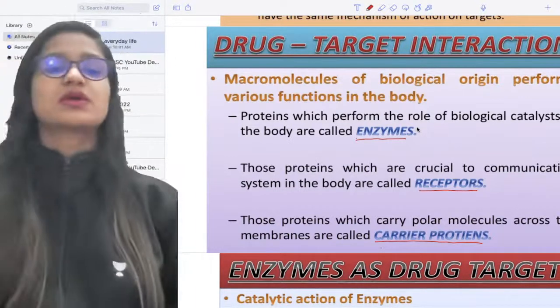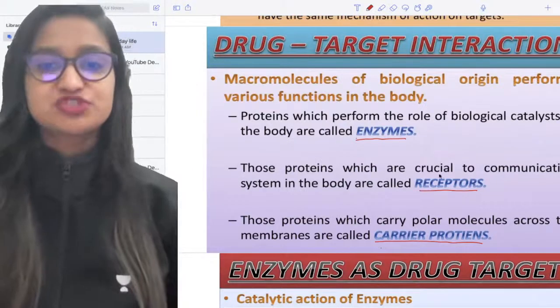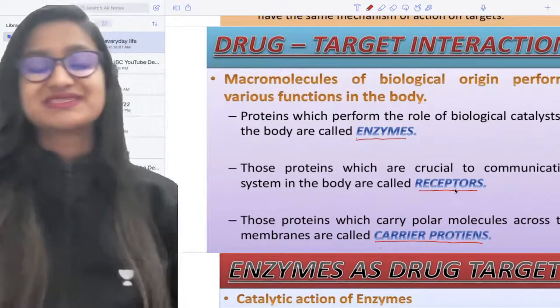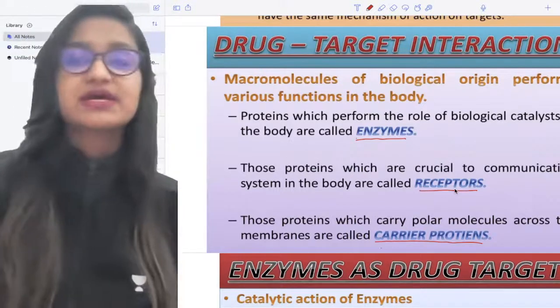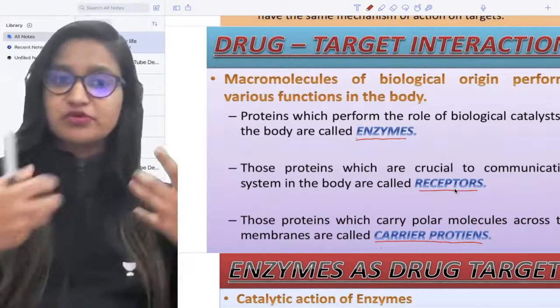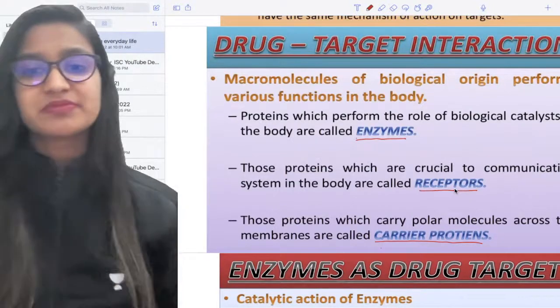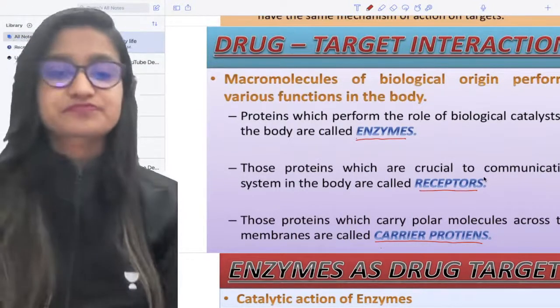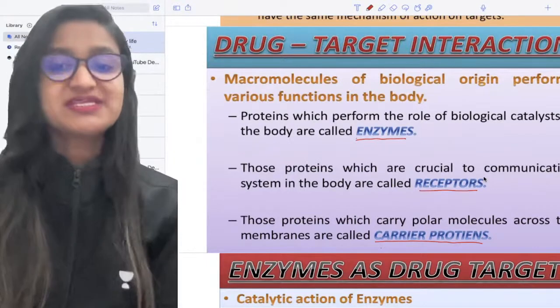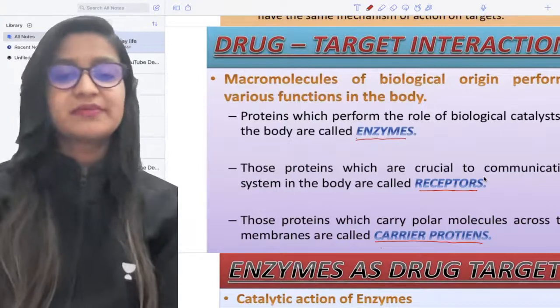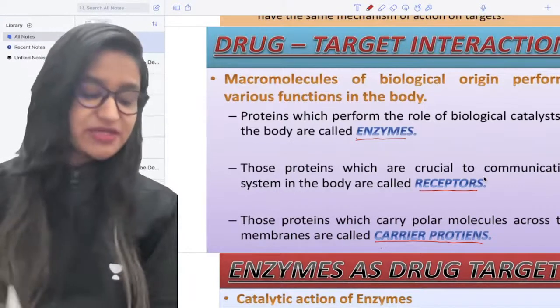Those proteins which are crucial to communication systems in the body are called receptors. And the proteins which carry polar molecules across the membranes are called carrier proteins.